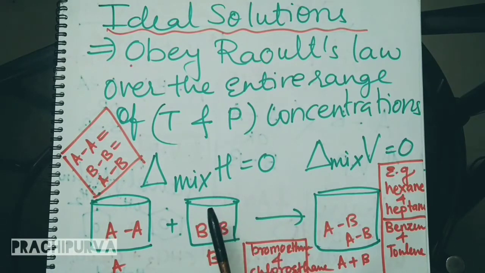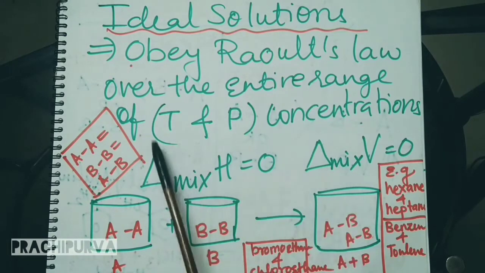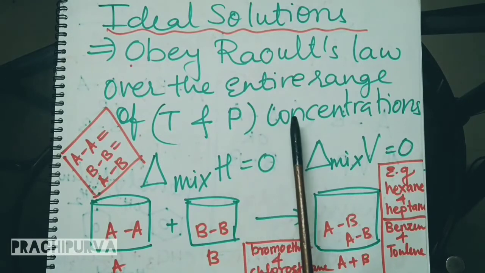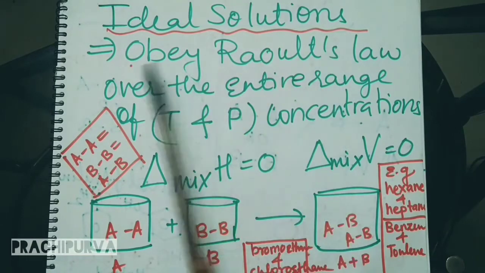By calculating P every time and P naught into X every time, and making LHS equal to RHS at all the concentrations. If you are getting both sides equal, this means the law is valid for that particular solution. So that becomes an ideal solution. Alright, that's the first criteria.